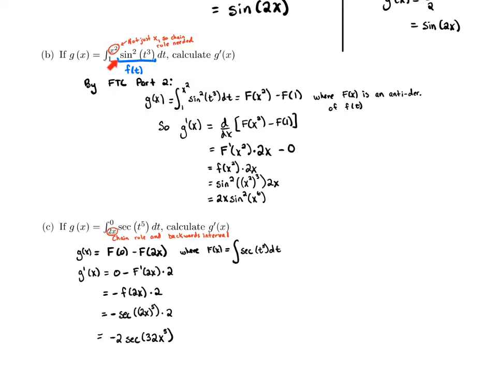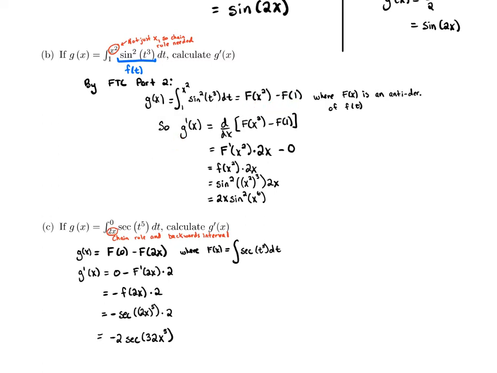In fact, this function does not have a nice closed antiderivative that I can find. I just need to give a name for the antiderivative, capital F of x. So the integral from 1 to x squared of this integrand is just capital F at x squared minus capital F at 1. That's fundamental theorem of calculus part 2.